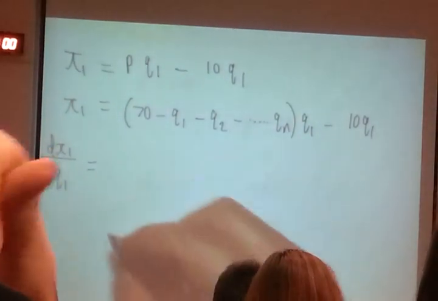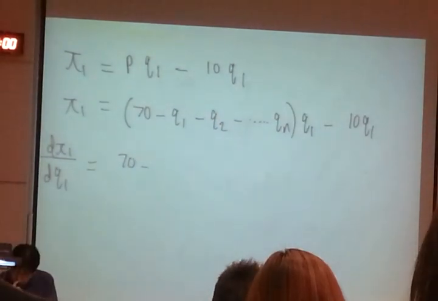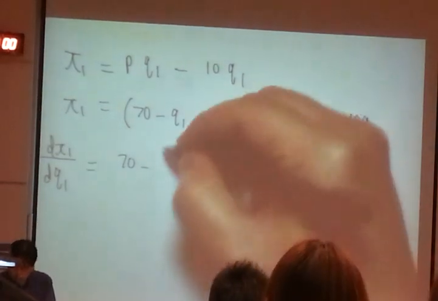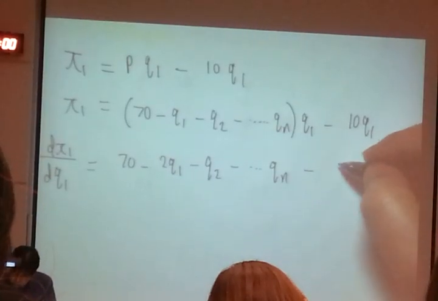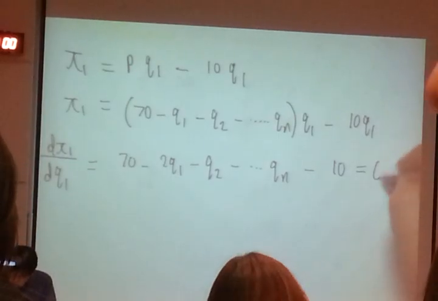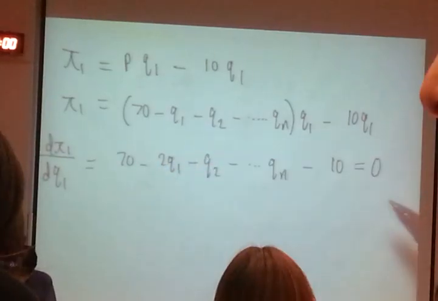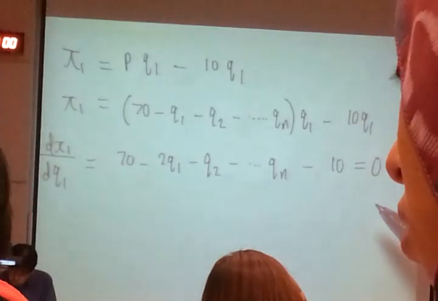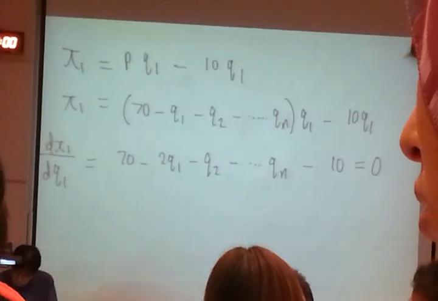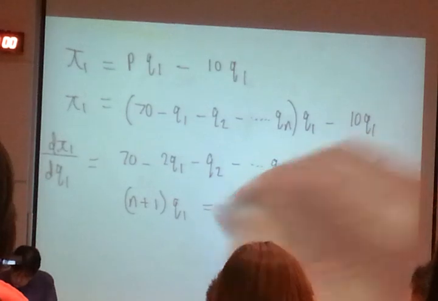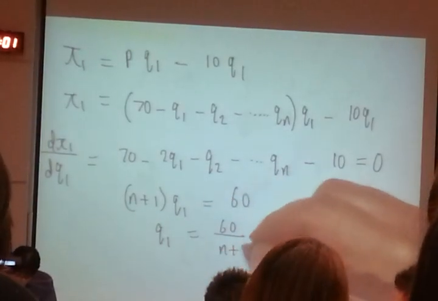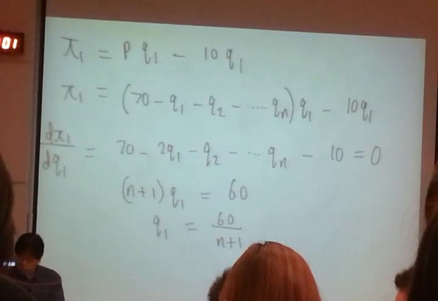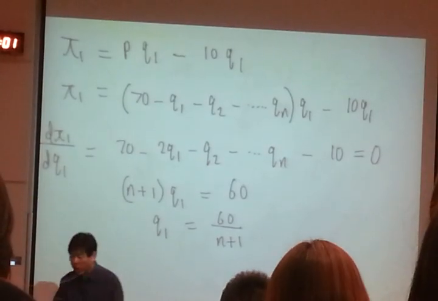So for firm 1, how much do we produce? Okay, so the n firms, they each produce the same quantity.